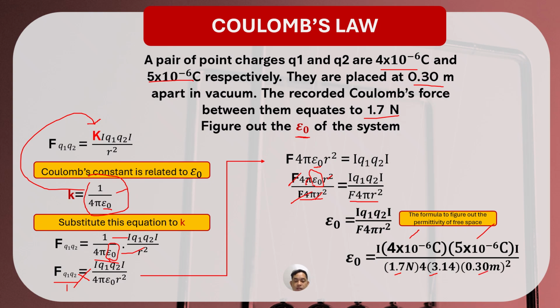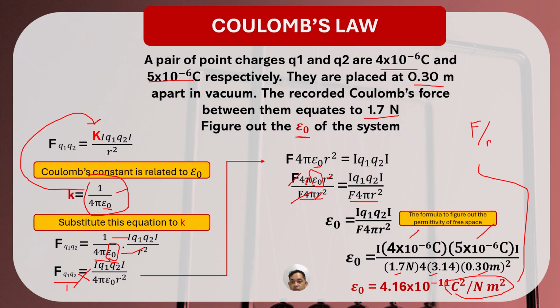And the answer will be 4.16 times 10 raised to negative 11 coulomb squared per newton meter squared. By the way, this coulomb squared over newton meter squared is the other way to write the farad per meter unit. That's the unit of the epsilon naught. So instead of writing F over m or farad per meter, you can also write coulomb squared per newton meter squared.